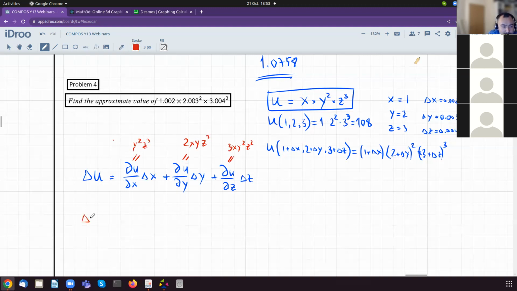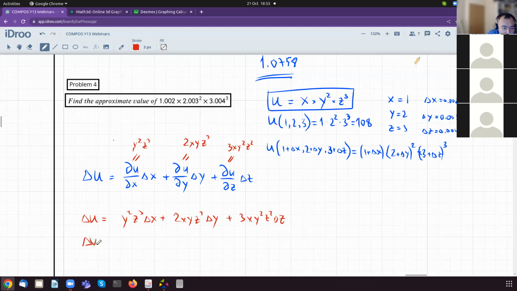So delta u is equal to y squared z cubed delta x plus 2xyz cubed delta y plus 3xy squared z squared delta z.